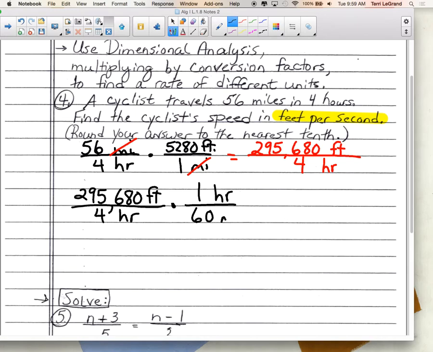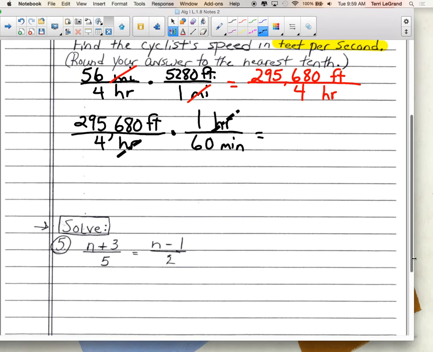So we would multiply by that conversion factor. And again, the goal was to get the hours to cancel away. So the only thing we're going to do is cross out the hours, not any numbers, just our labels. Multiply across the top. Well, that's 295,680 still, right? What's its label? Feet.